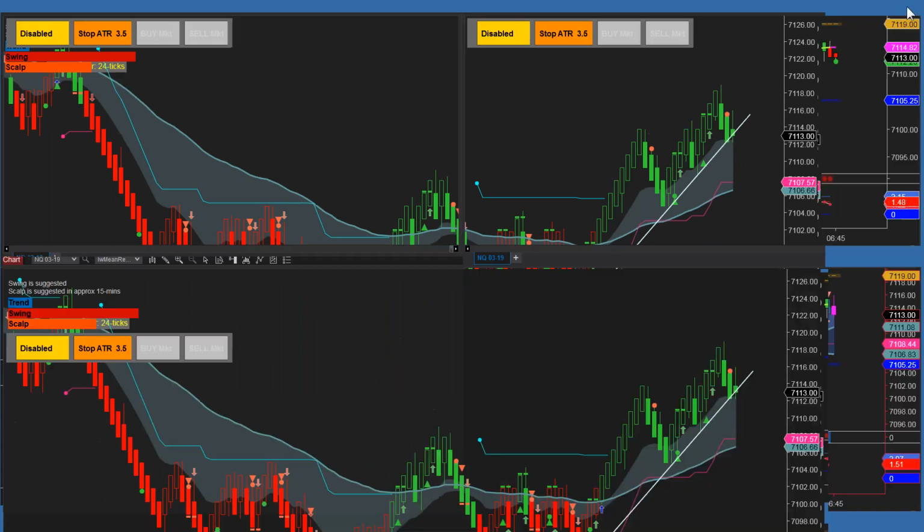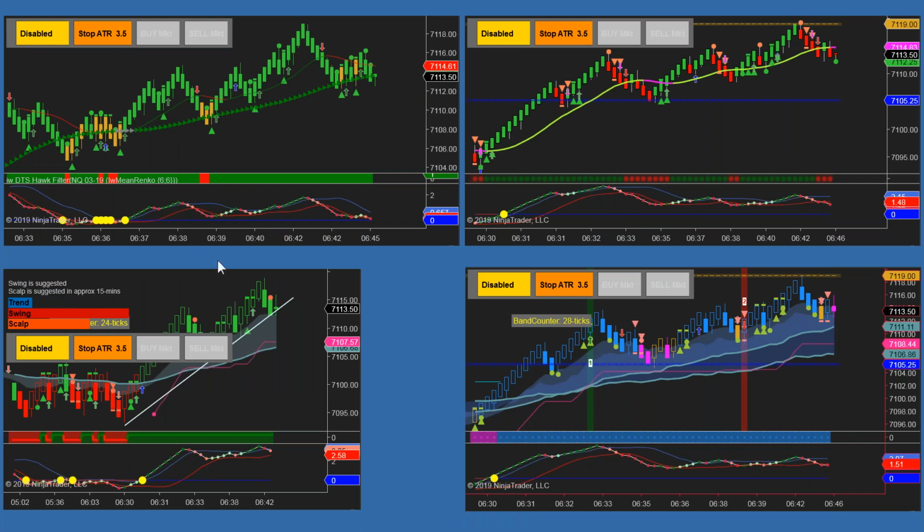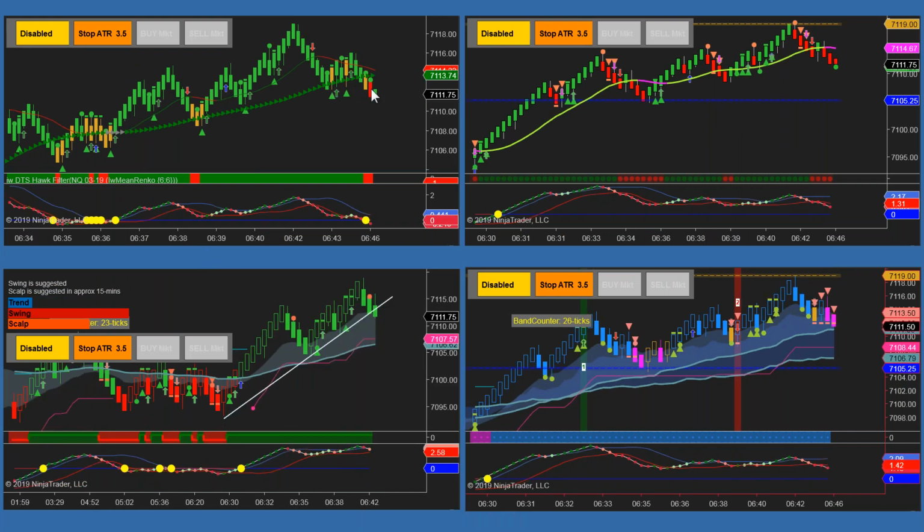Let's take a look what's going on here with our other tools. And well, there we go. Now the Hawk getting a little bit bearish already.